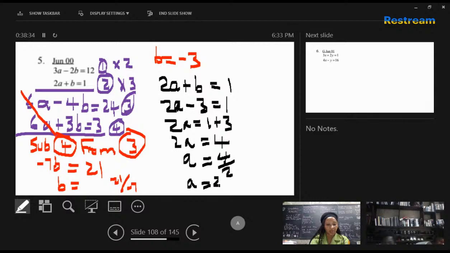Okay, plug in these values and tell me if they add up for me. b negative 3, a 2, see if they add up. We're using that formula again. So 2 times 2 plus negative 3.